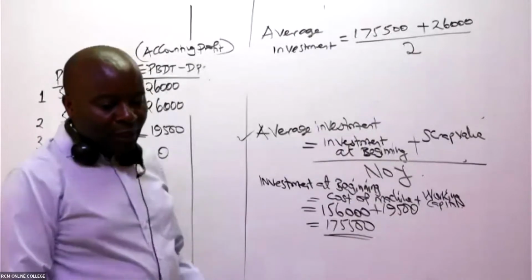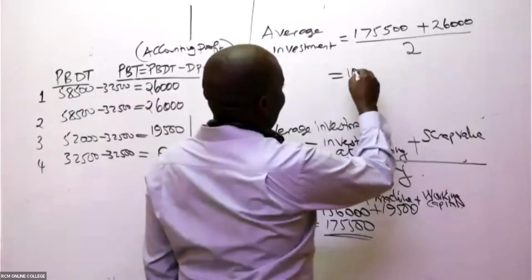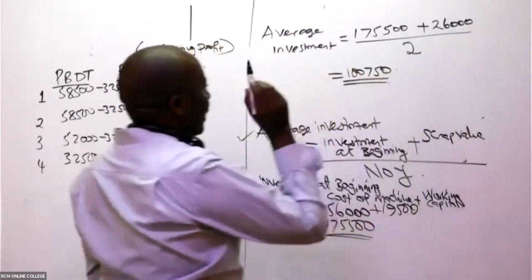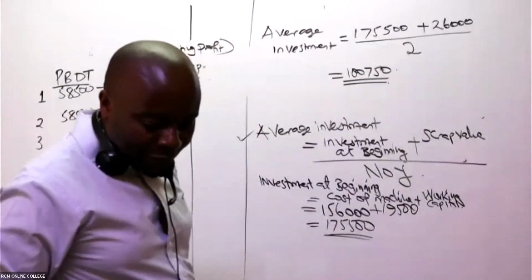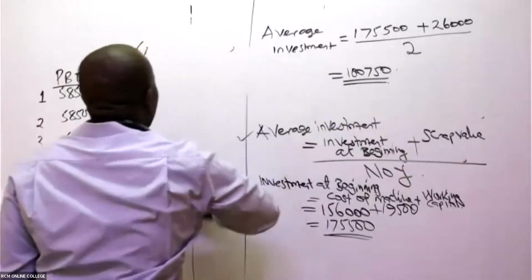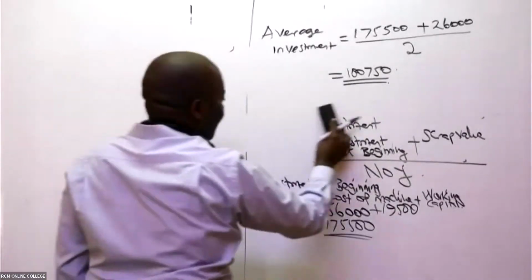According to Catherine, we are getting 100,750. So that is the average investment. And don't forget, what you are calculating, ladies and gentlemen, is known as the average accounting return.